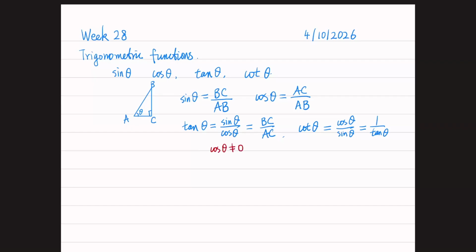Similarly, cotangent is cosine theta over sine theta. Sine theta cannot be 0.